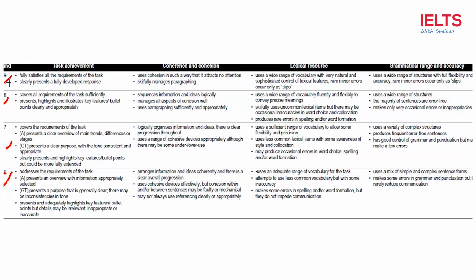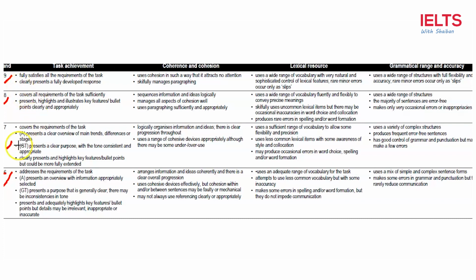For task achievement, the technique I'm using in my classes, I try to push the students to the limit. That means I like to make you, for example, for task achievement, fully satisfy all the requirements of the task. And we are going to talk in detail about what it means to fully satisfy. And also clearly present fully developed responses.